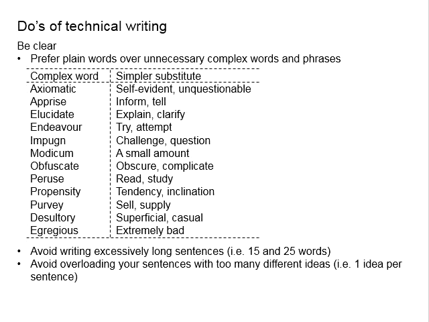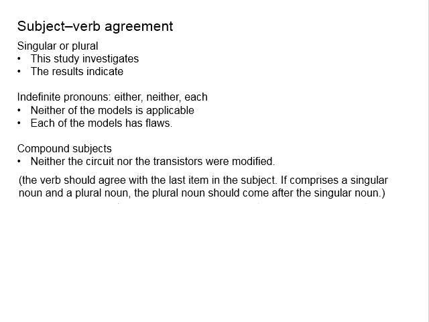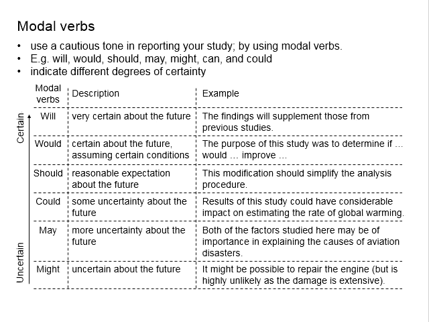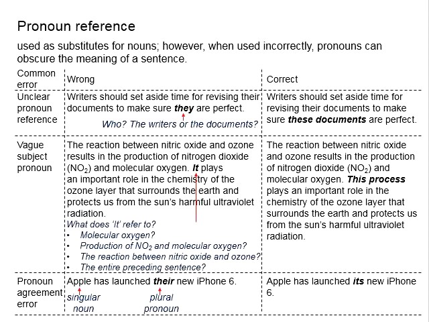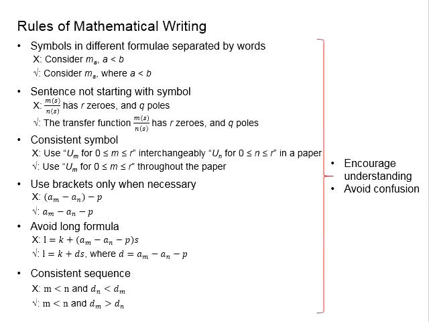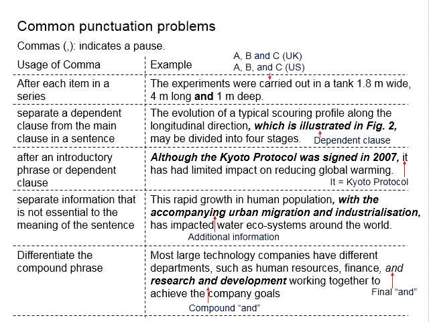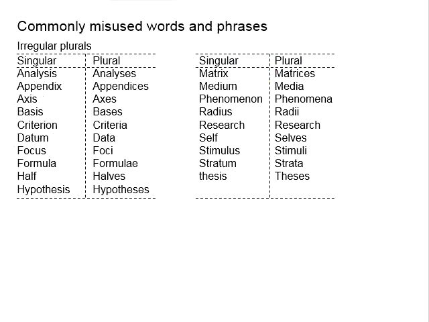There are quite a number of rules that we need to follow, from the tenses to the subject-verb agreement, modal verbs, pronoun reference, passive and active voice, rules of mathematical writings, and we also discuss the common problems with sentences, with punctuations, and with the usage of words and phrases.